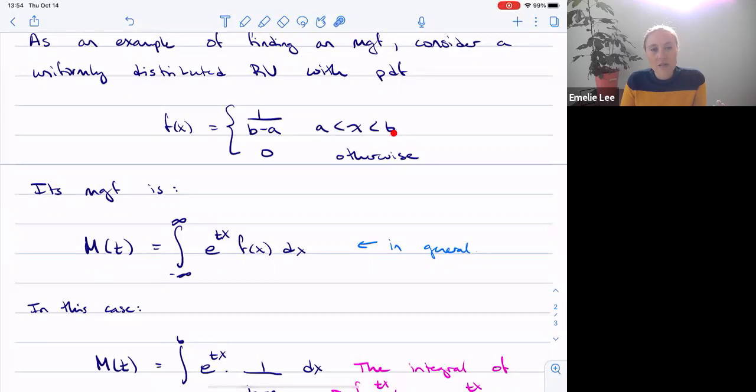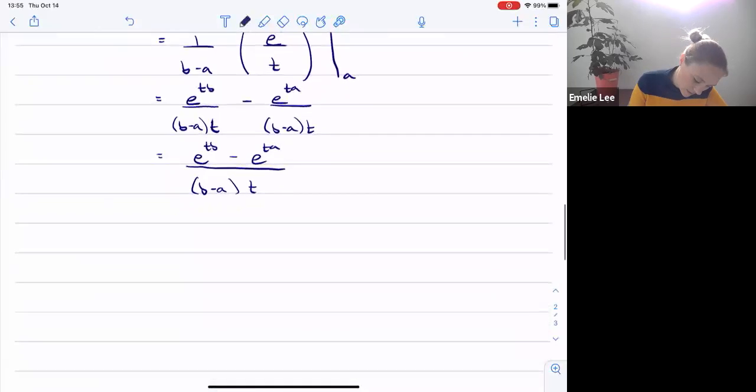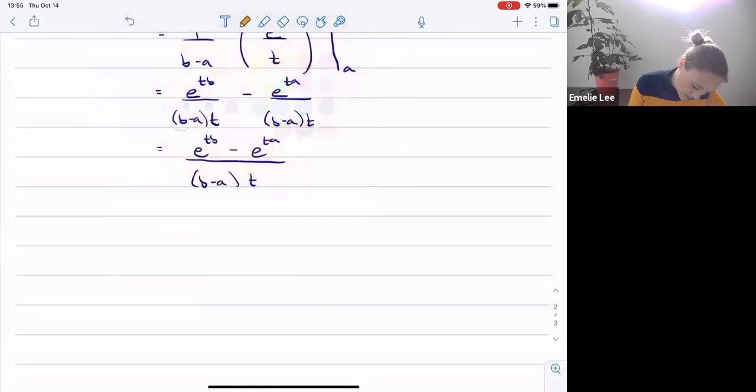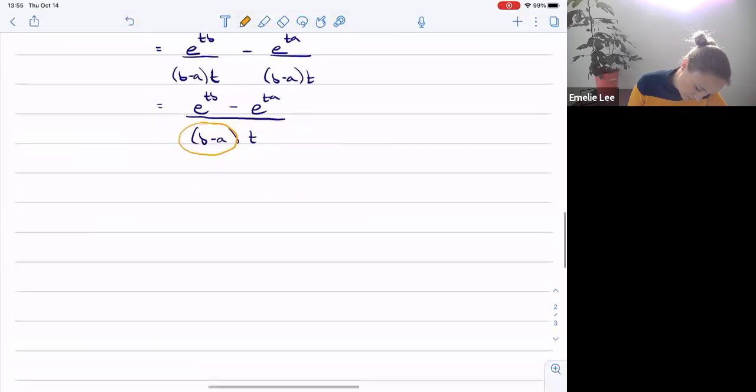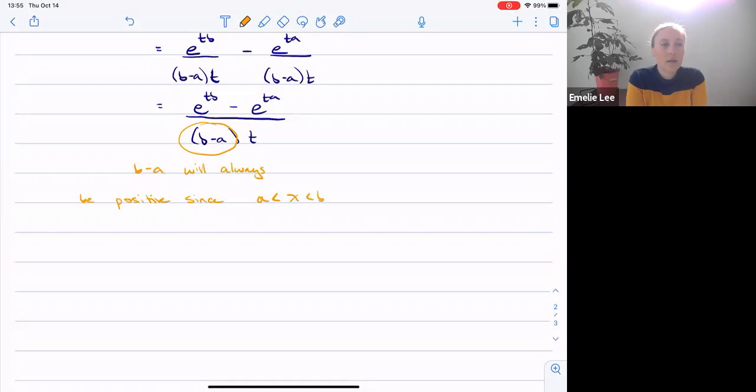So b minus a is always going to be positive. Okay, so here, this b minus a will always be positive since a is less than x is less than b.